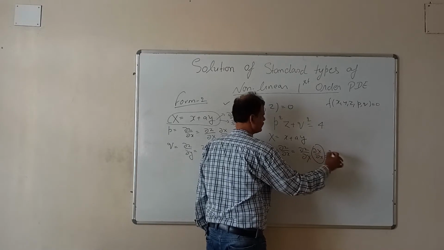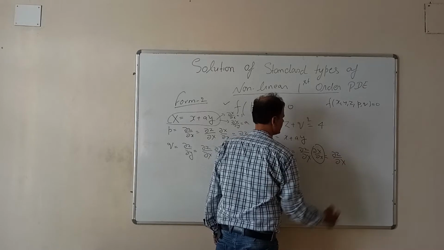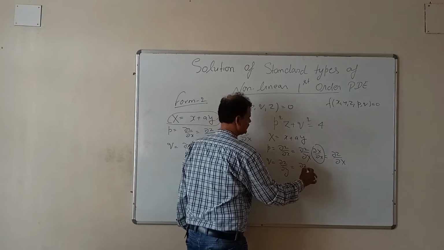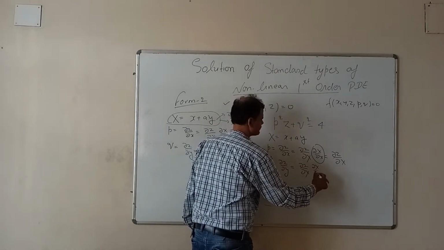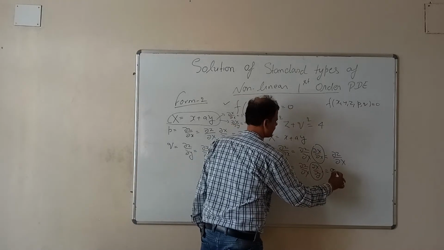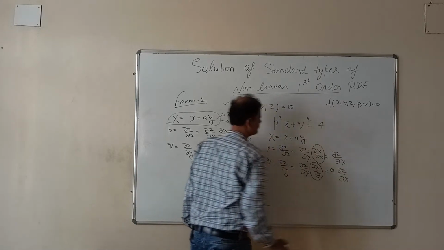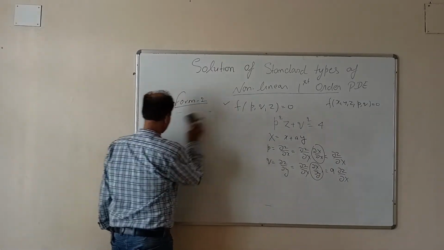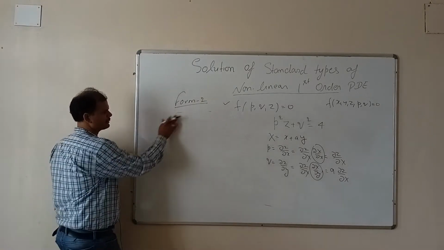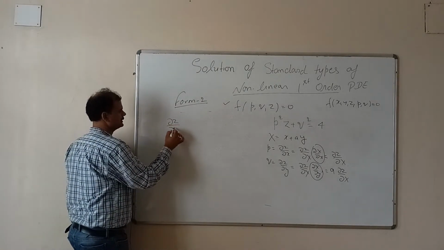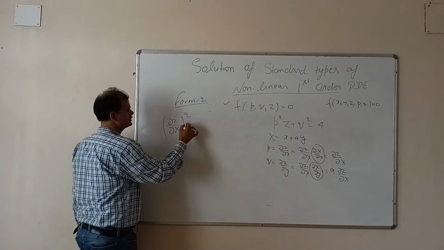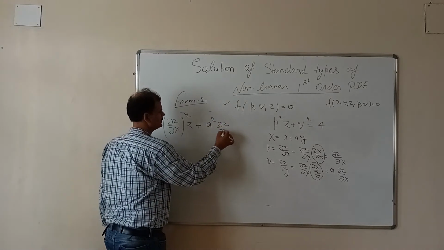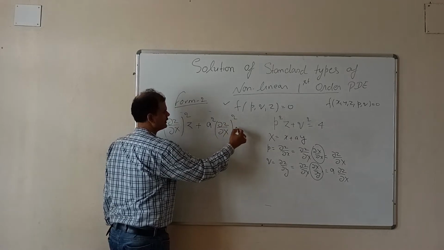This is 1, so we have dz by d capital X. And q equal to del z by del y, so del z by del X and del X by del y. This is a, so we have a del z by del X. Now we can substitute this p, q in the PDE. So what do we get? p square means del z by del capital X square z plus q square means a square del z by del X square equal to 4.